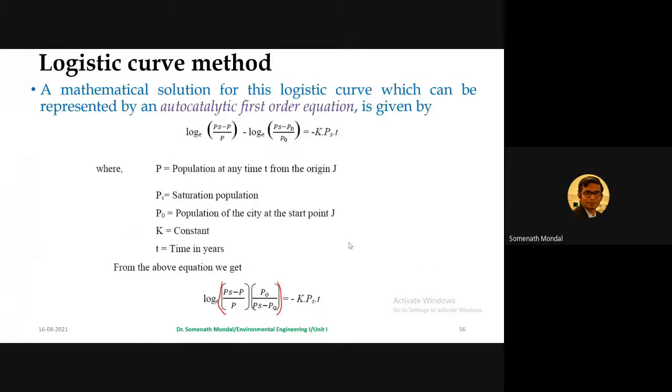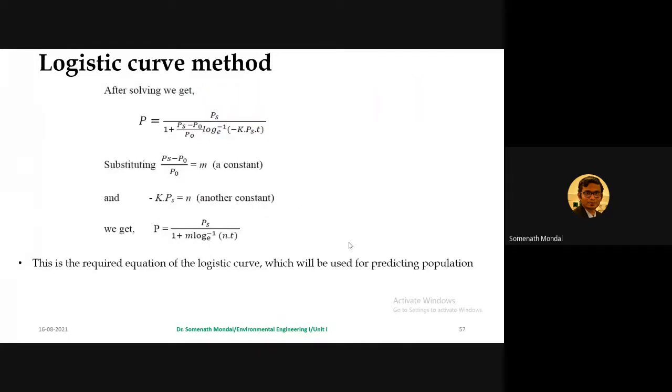I'll go back to the problem. All of you should write this, otherwise you won't be able to remember and you won't be able to work out the problem. So write the equation for P.